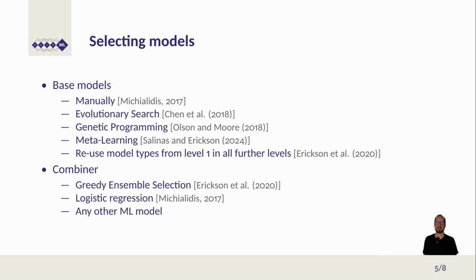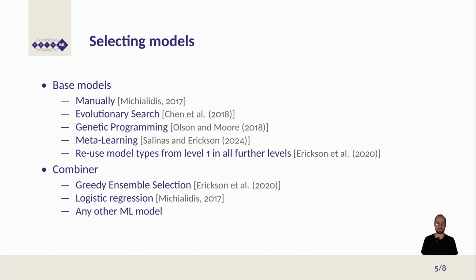We could use meta-learning to actually meta-learn which models to use at layer 0. And the same authors have already established that it's a good heuristic to reuse the same model types in layer 1 as used in level 0. So the meta-learning approach just applies to both levels or even more levels.